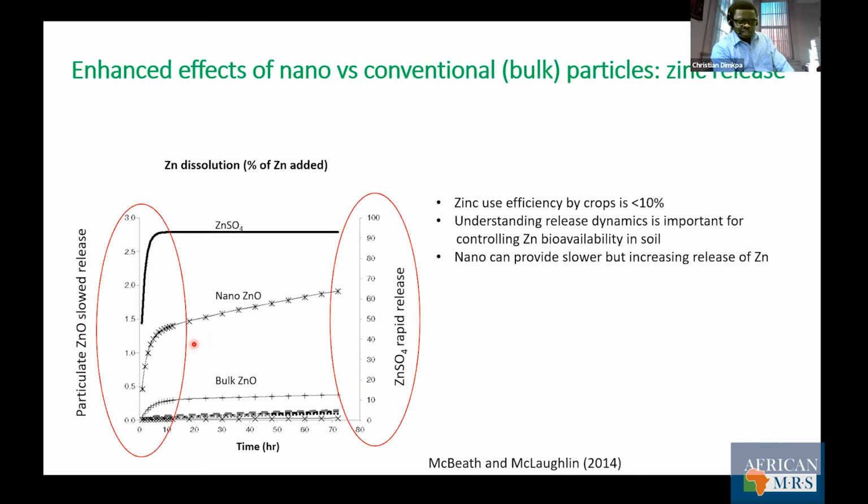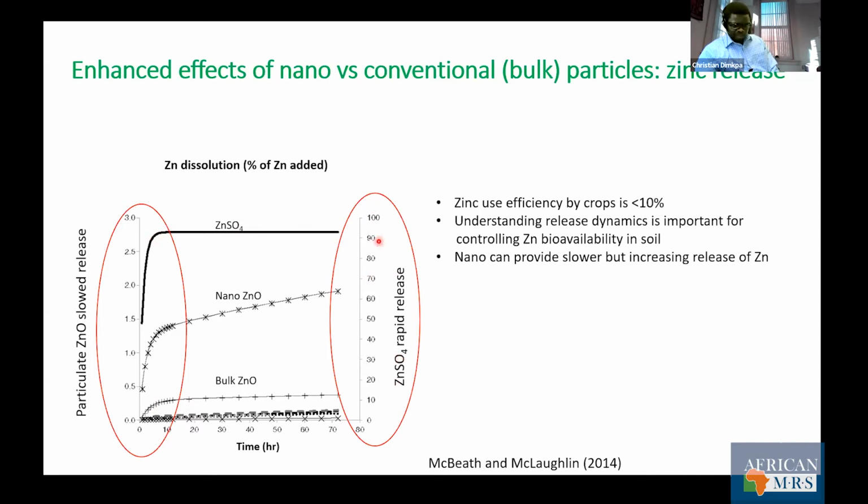So this shows the release of zinc from zinc sulfate, nano zinc oxide, and bulk zinc oxide. You can see that within 70 hours, actually in less than 10 hours, almost all of the zinc you added from zinc sulfate, which is the salt, dissolves very early.